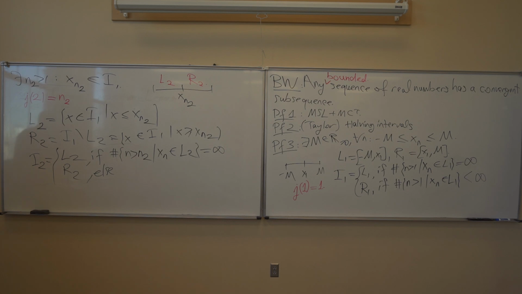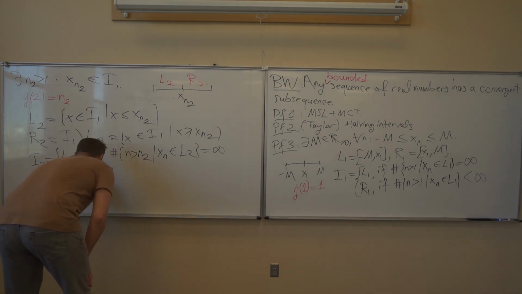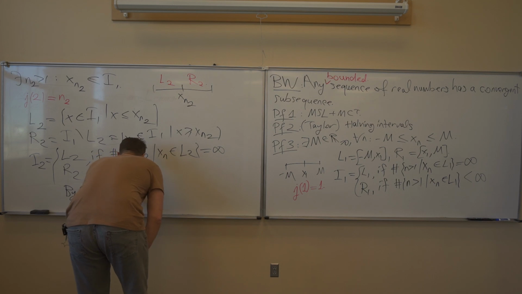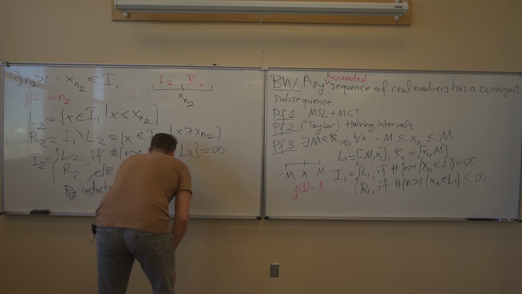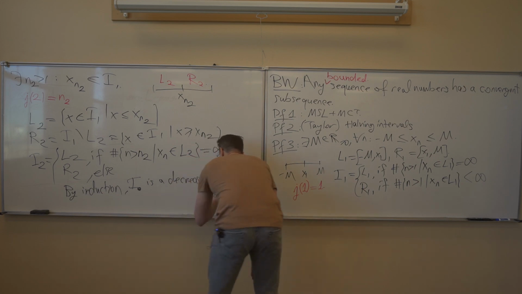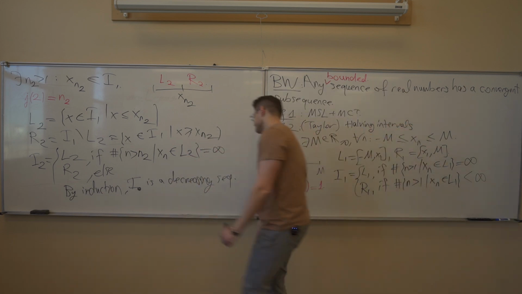It's clear how you're supposed to be continuing, which I'm going to say here. By induction, I sub n is a decreasing sequence of closed and bounded intervals.